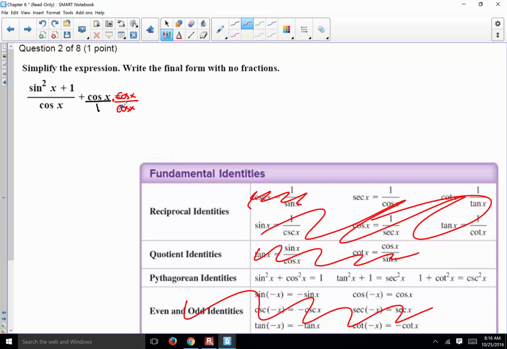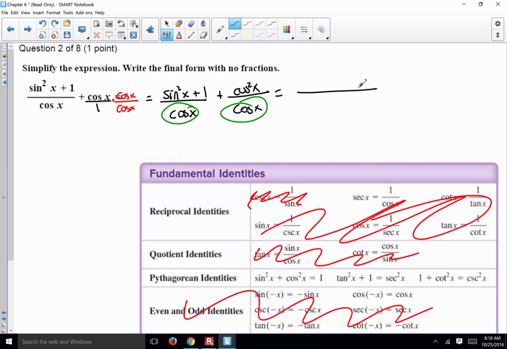Look, again, sine square x plus 1. I didn't do nothing to the first one, so I'm just copying it. The second one now becomes cosine square. You have a match. If two denominators match, two ratios have common denominators, we can combine them into one and add up the tops.